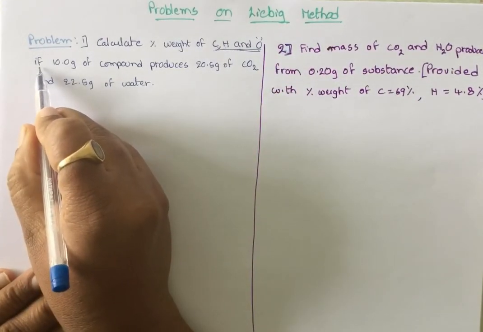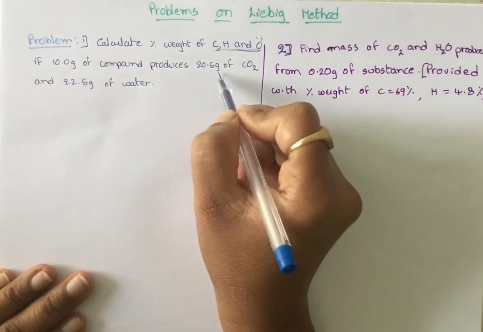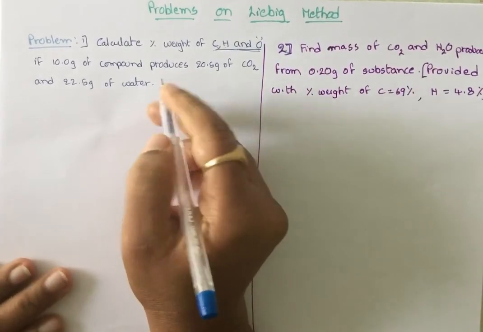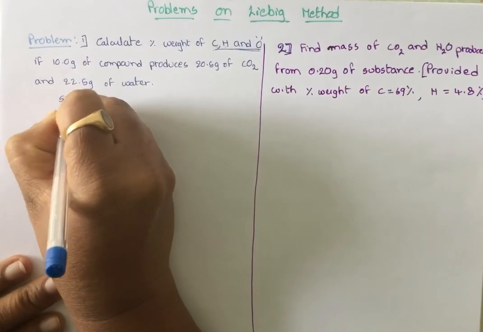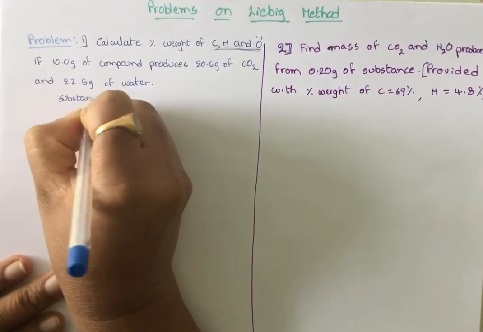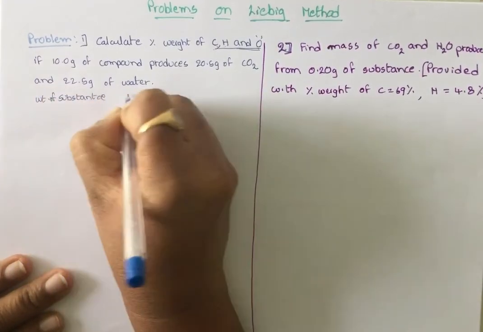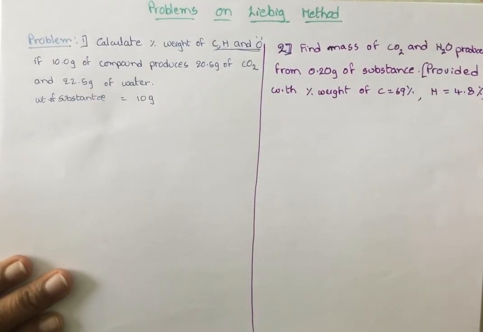Now what data have they given? If 10 gram of compound produces 20.5 gram of carbon dioxide and 22.5 gram of water. Here the data they have given is the substance, how much they took, the weight of the substance. Weight of substance is equal to 10 gram. Next, what else have they given?